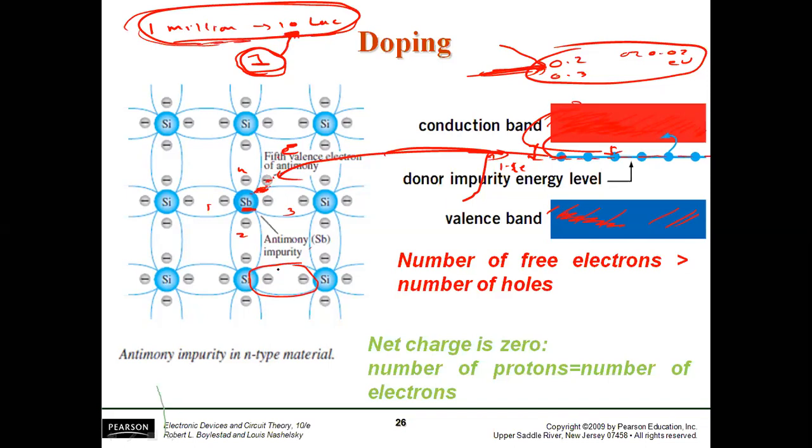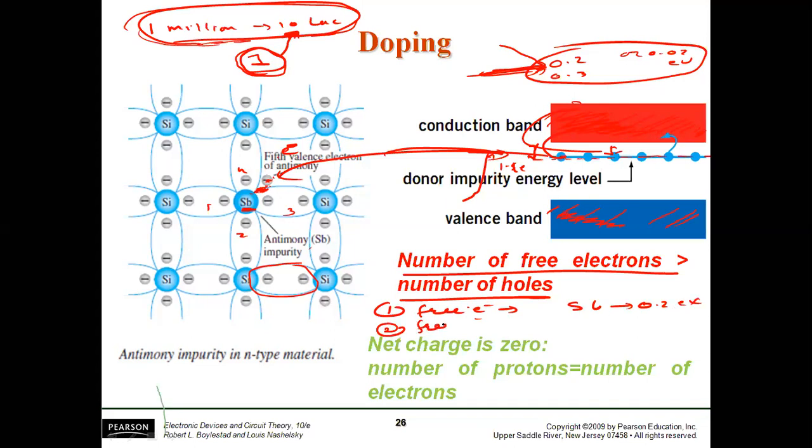So now you can see that the number of free electrons will obviously be greater than the number of holes. First, free electrons will be due to the antimony atom. You can make it free just by providing 0.2 eV of energy.